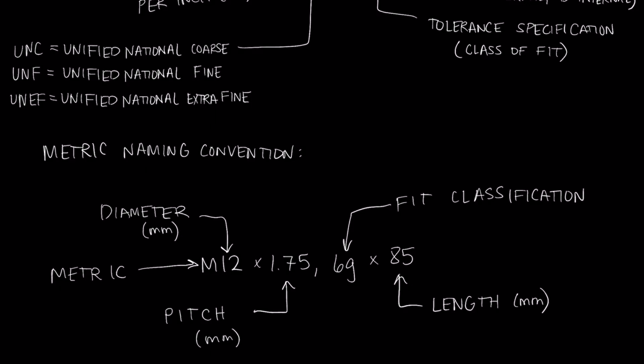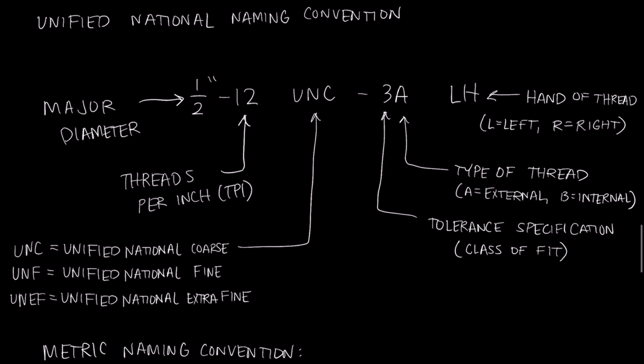One more note before we wrap it up. This M, you could have a standard M, which is a normal thread, or you could have MJ, which has a greater root radius. And similarly, up here we have UN.